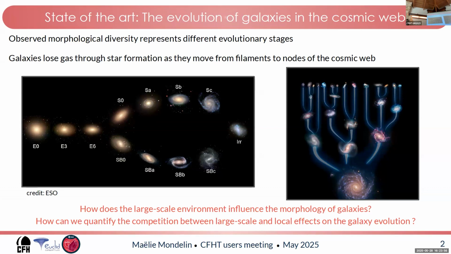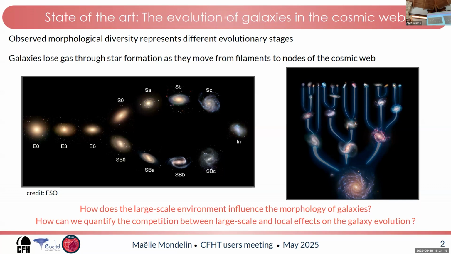And during this trip, they can interact, they can be merged, and they're reshaping their morphological aspects. So the diversity of morphology that we observe today is directly linked to the evolutionary stage of the galaxy.